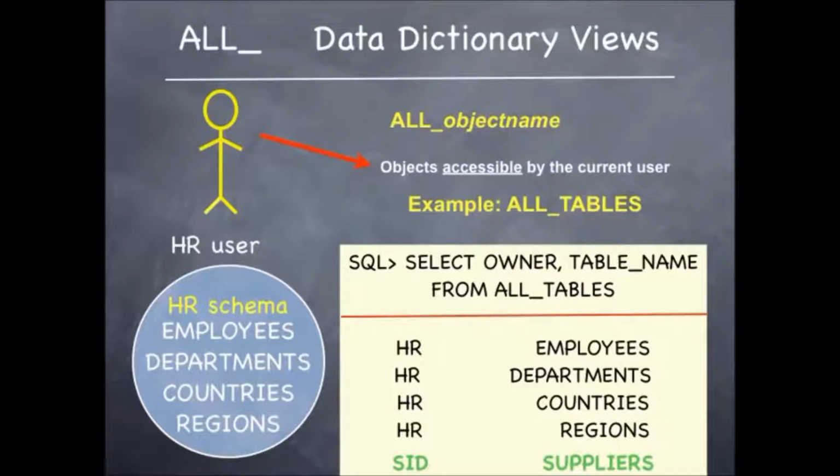So you're seeing the name HR along with the four table names belonging to the user HR being displayed, as well as the names of the tables and the owner of the table that the user has access to. Notice that in addition to the tables belonging to the user HR, the owner name SID and the table name suppliers is also being displayed in this output.